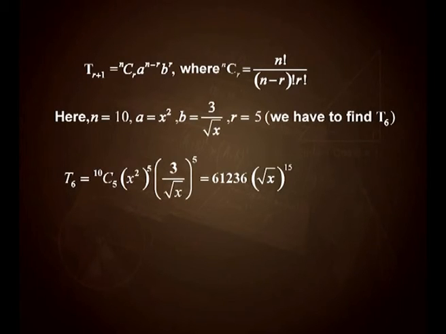Little bit of work in terms of simplification of course is required. So, you can expand 10c5 using 10 factorial by 5 factorial into 5 factorial, and when you simplify the powers of x together and the constants, you would end up with the final answer. In this case, it is same as 61,236 times root of x raised to the power 15.